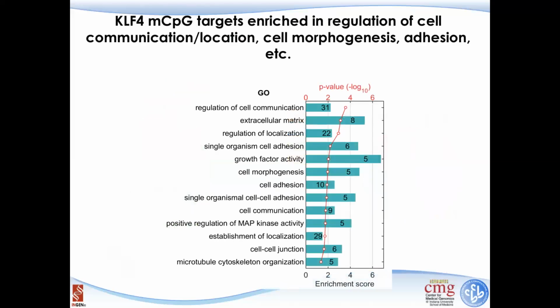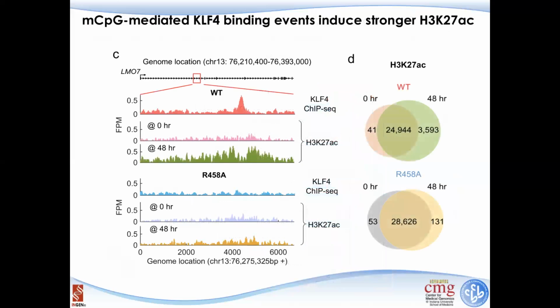You don't need to care about the function of those, but just to show you those targets are significantly enriched in regulation of cell communication, morphogenesis, adhesion, something strongly associated with glioblastoma. But we are still interested in how this transcription factor, this CARE4 methylated binding, can affect acetylation signal change.